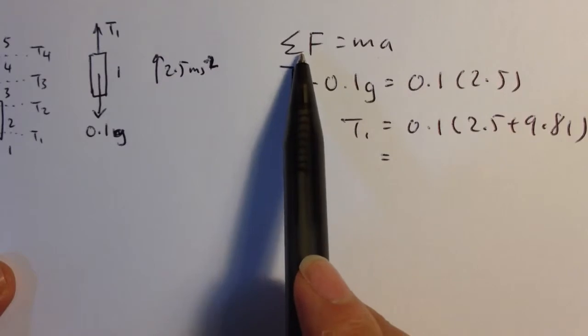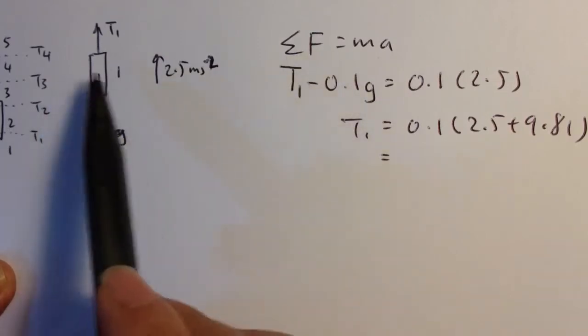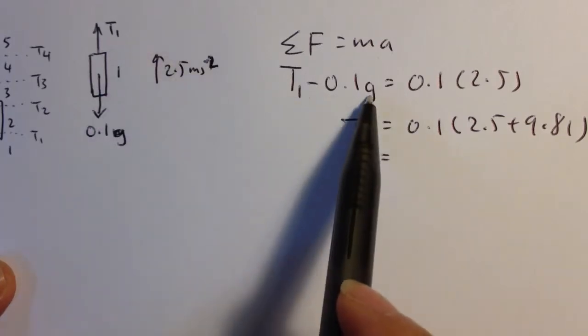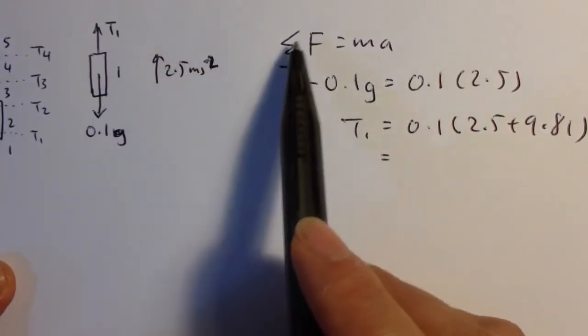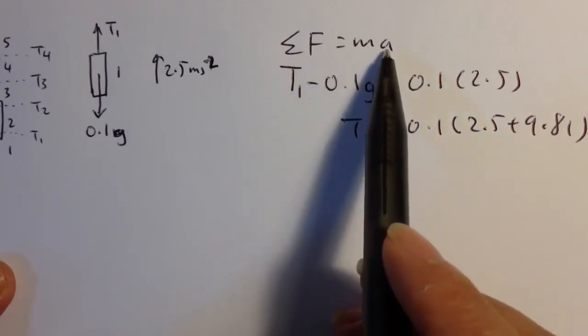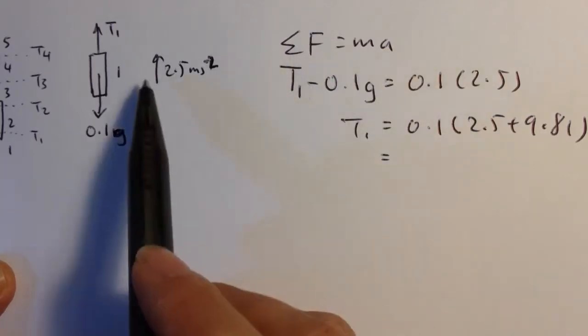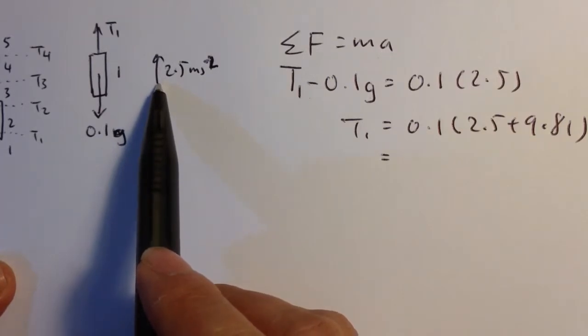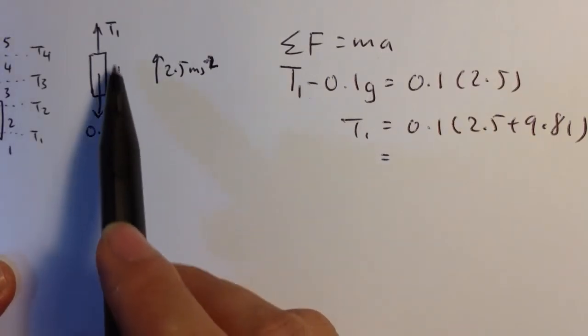Now, when I look at the left-hand side, I would like to sum all the forces acting on link 1, which is then T1 minus 0.1 g. Why? Because the summation of forces, the resultant direction, must be the direction of the acceleration. Since my acceleration is pointing up, it cannot be 0.1 g minus T1.